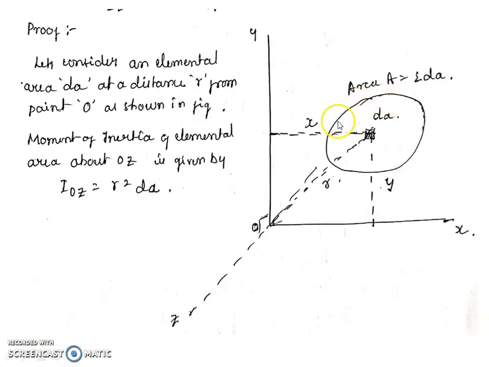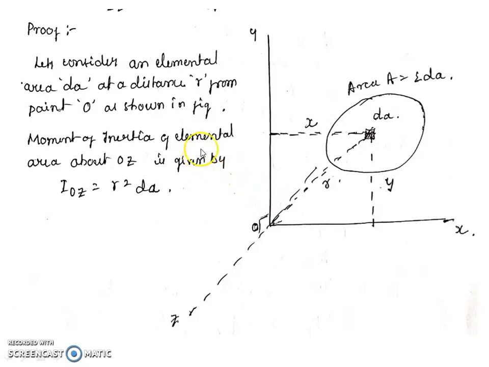For that, I will consider an area A which consists of a number of small elemental areas dA, represented by a square in this figure. This elemental area is at a distance y from the x-axis and x from the y-axis. Let R be the distance of this elemental area dA from the origin O or OZ axis.